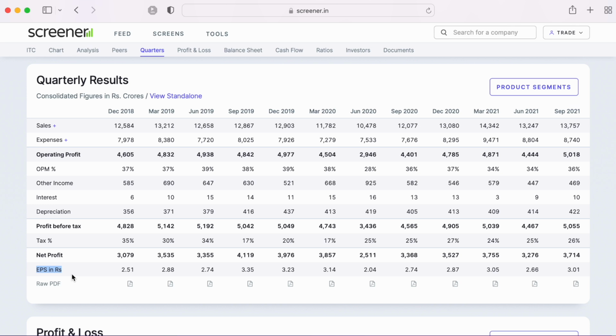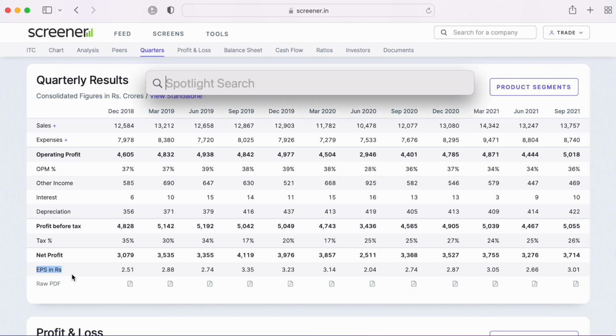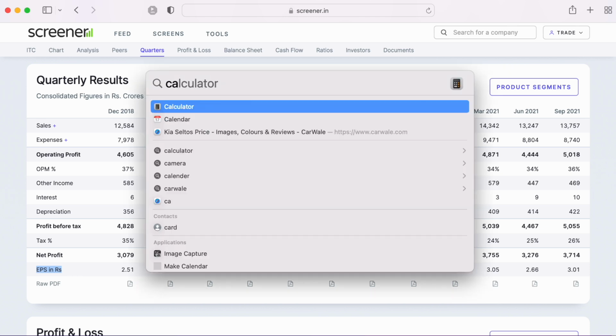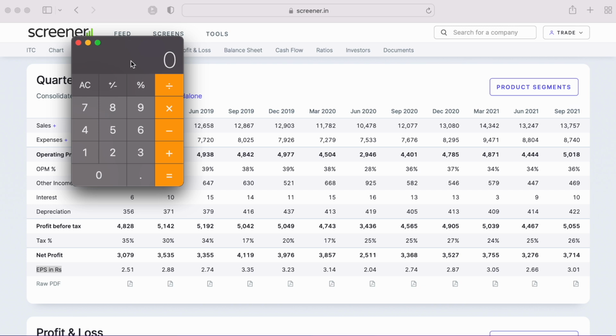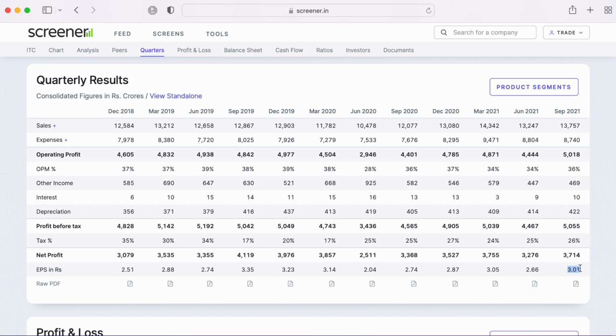It can be any company that we analyze. So to avoid the possibility of ignoring a seasonal or normal company, we will consider both quarter over quarter figures and year over year figures. All we have to do is open the calculator, and in the calculator we will add the current quarter's number, which is September 2021, and it is 3.01.